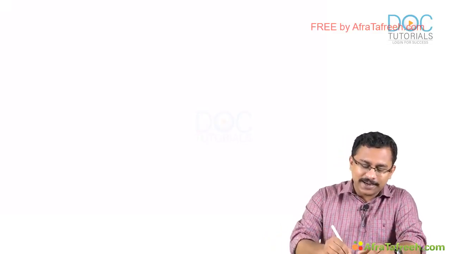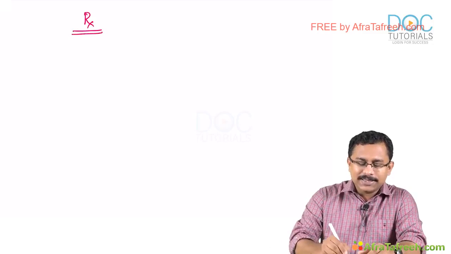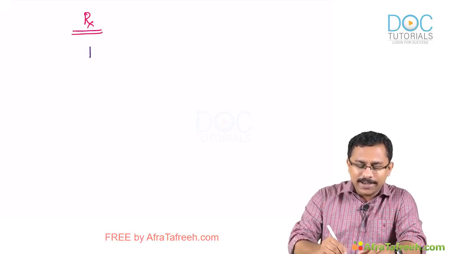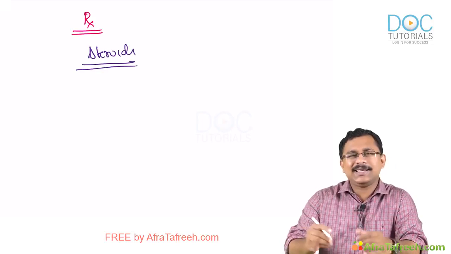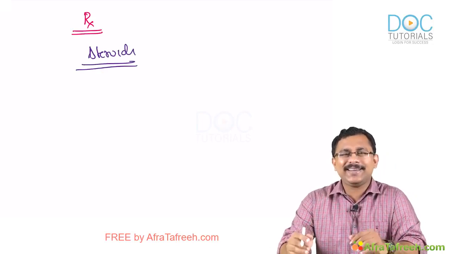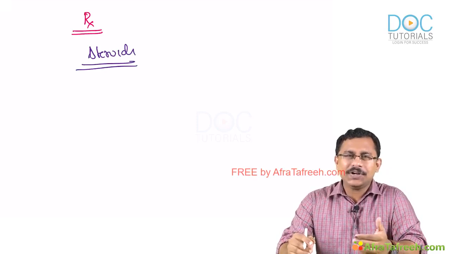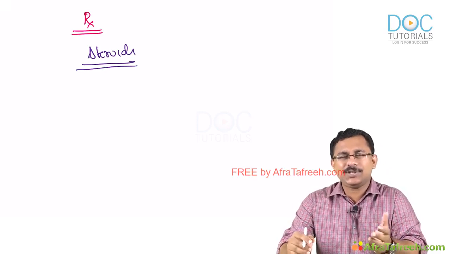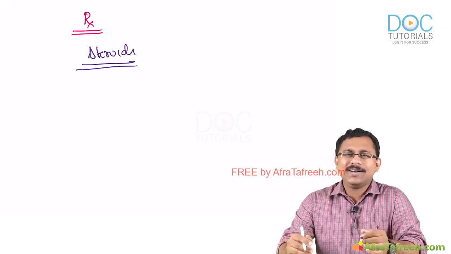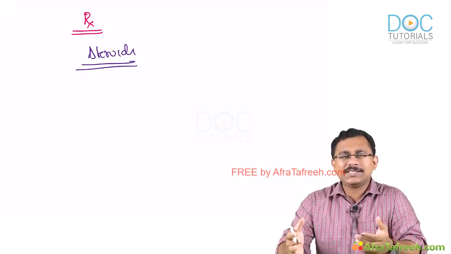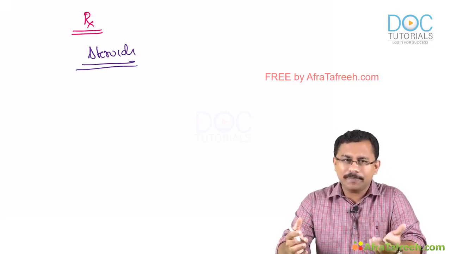Okay, so let's discuss the treatment of Takayasu arteritis. You can go for steroids, as in case of giant cell arteritis. You can start the patient on oral steroids and subsequently taper the dose. Maybe in life-threatening complications, you can think of a methylprednisolone pulse.